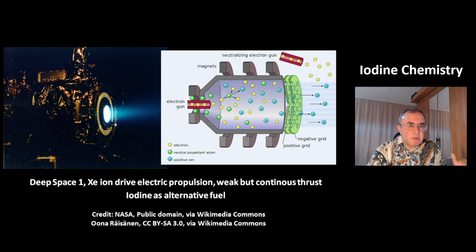And iodine can also be used as an alternative fuel to xenon, because both these elements are very heavy, and that is what you need for this type of drive. At the right is a picture of how this drive works. The fuel is ionized here, and then accelerated by a magnetic field. And this gives you the thrust for the engine.